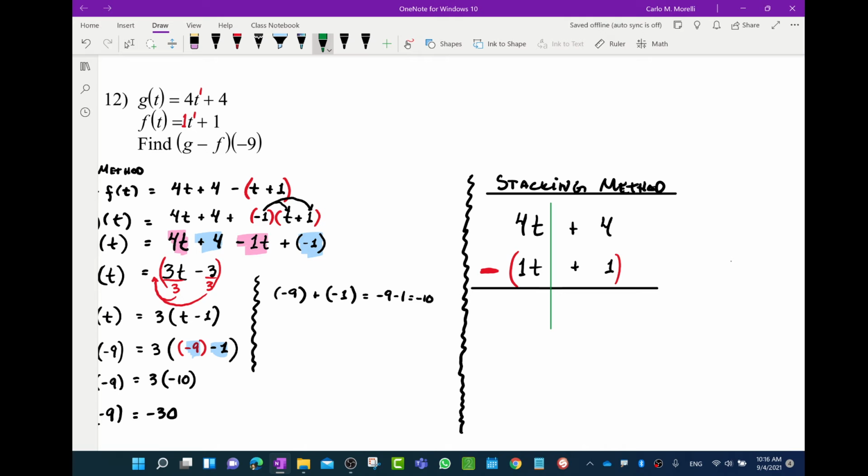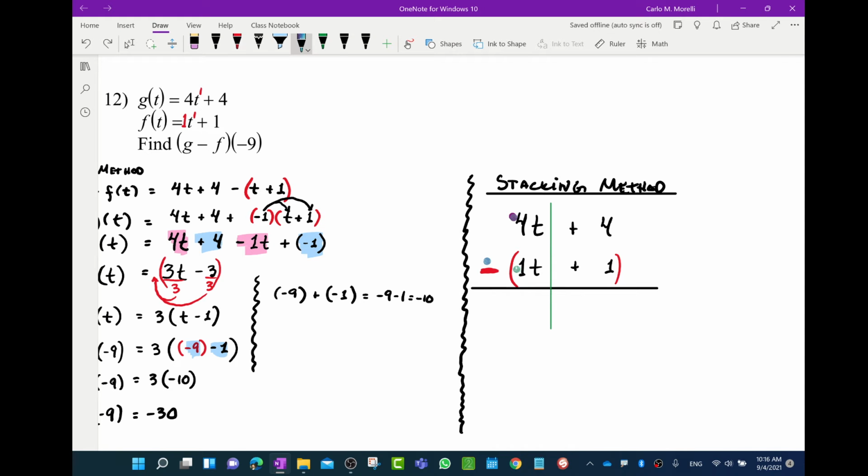So here's how you do this. I'm going to use a different pen. You say with your finger, 4t minus 1t. 4t minus 1t is 3t.